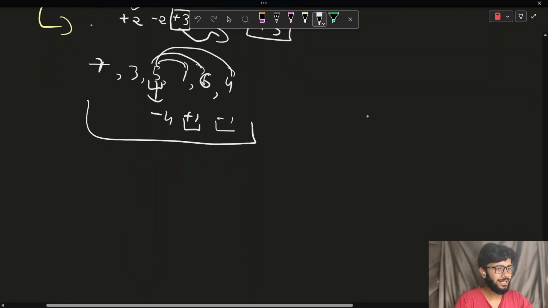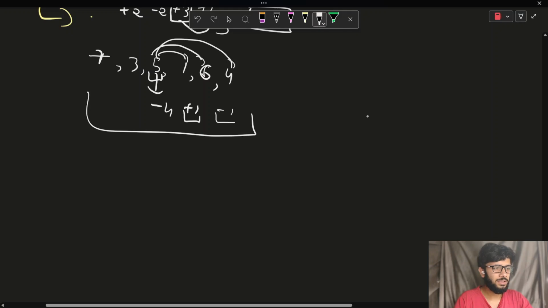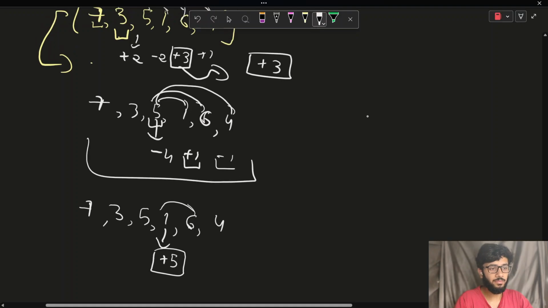Now let's get into the other case, which is 735164. Now let's see what can happen. If I buy the stock on this day and sell it on the next day, I will book a profit of +5. It is the maximum one, so it will replace the earlier one, and now we have the maximum profit as +5.